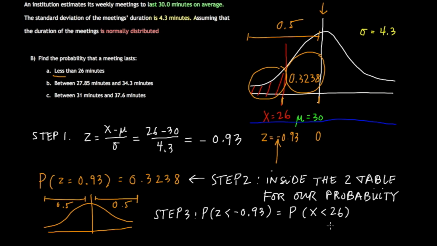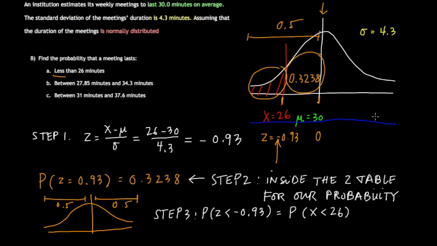Okay? Now, whether you would write less than or equal to, same here for the z, it doesn't really matter because of what I explained earlier, that at a point on the bell-shaped curve, the probability is 0. Okay, so we often write just less than 26, or here less than 0.93. Okay, so these two are the same thing because of what I said earlier, remember.